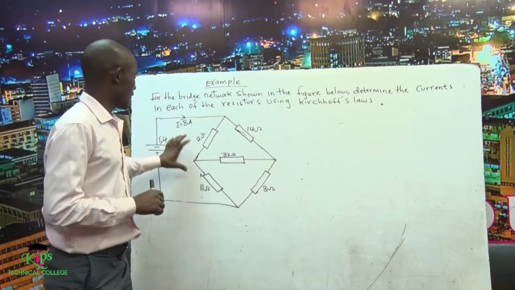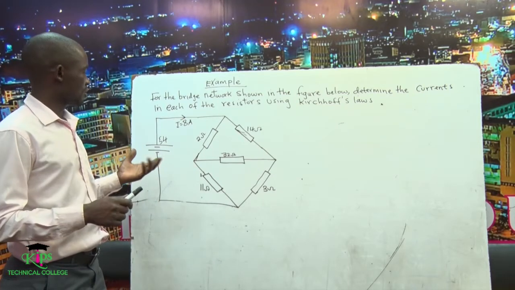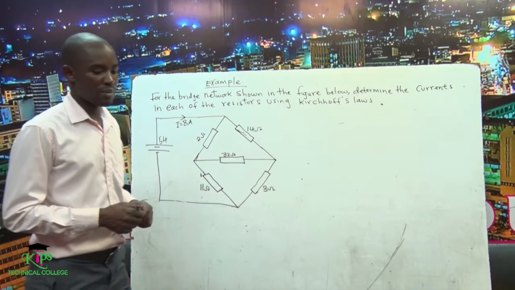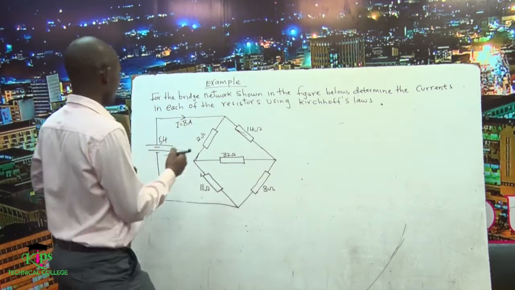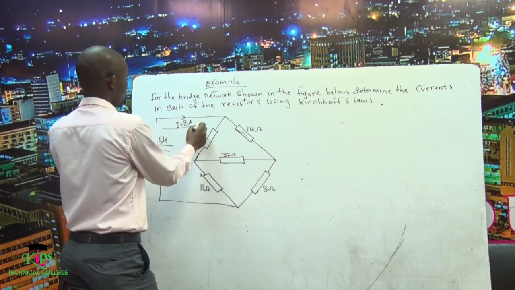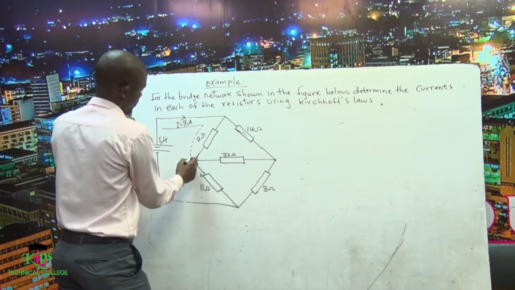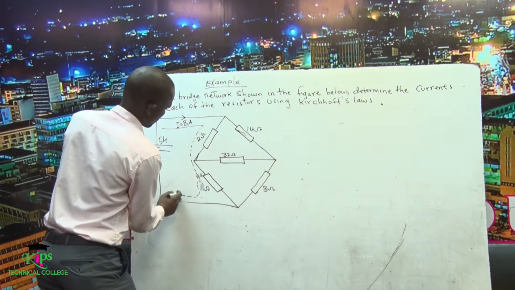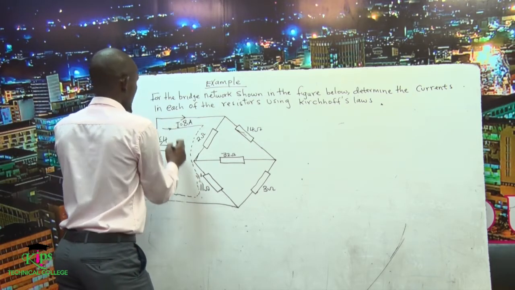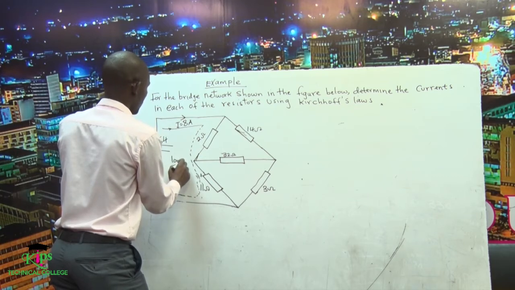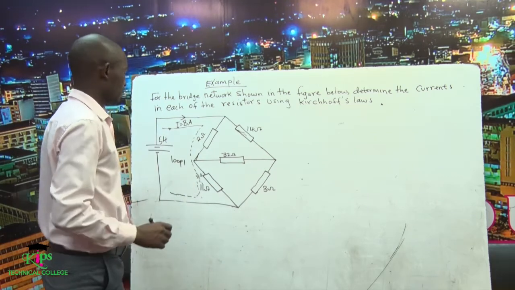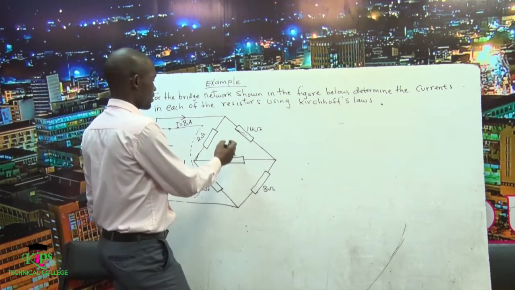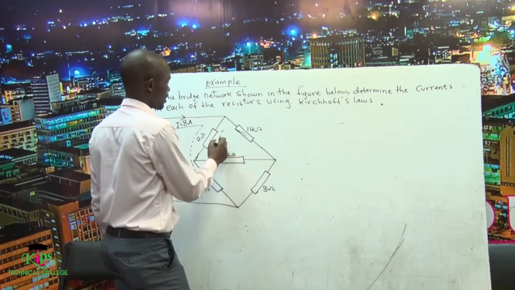So in this particular case, as it is, you can see we're having three loops. The first loop will be if you move from this point, we can talk of this loop. So this one becomes our loop 1. We can also take this one to be another loop.